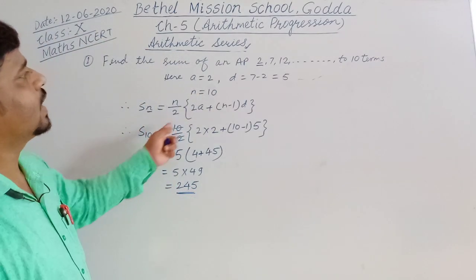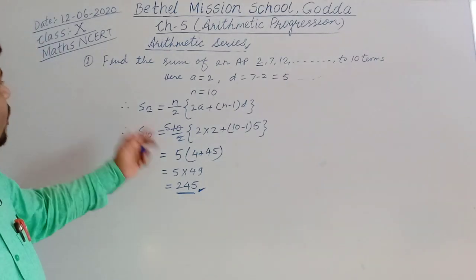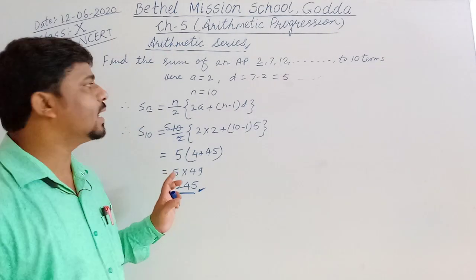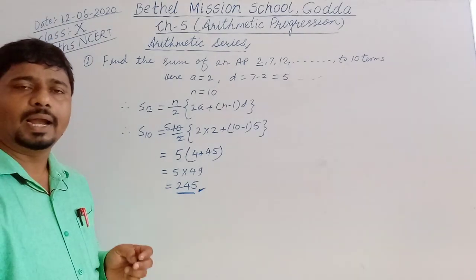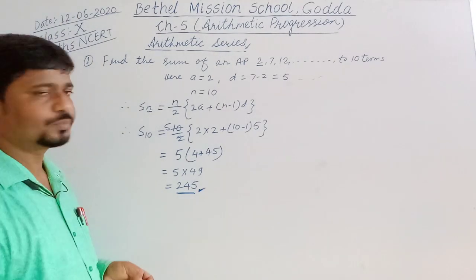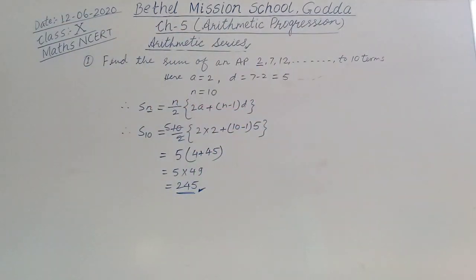So the sum of 10 terms is 245. This is the way of finding the sum of n terms of AP. Let's see another example.